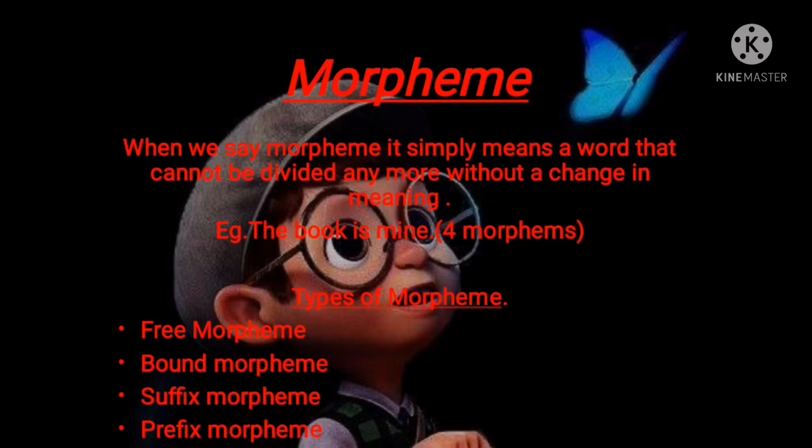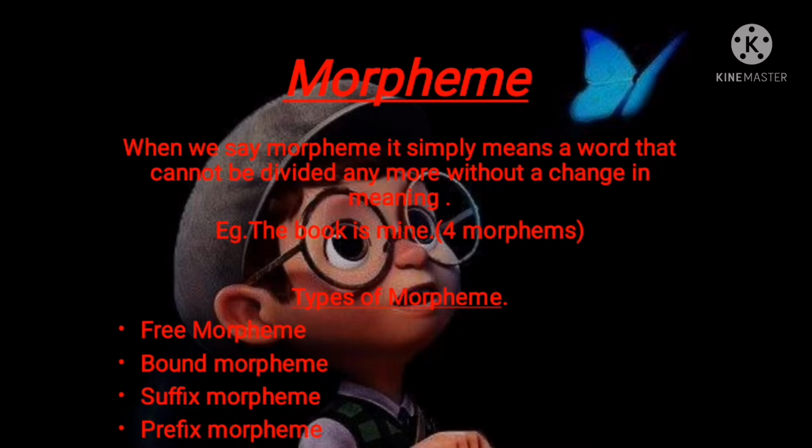Just pay attention. I'll give you an exercise when we are done. So just take note of whatever I'm telling you. Now let's move on to the types of morphemes. Now, with the types of morphemes, we have 4 types. We have the free morpheme, the bound morpheme, the suffix morpheme, and the prefix morpheme.